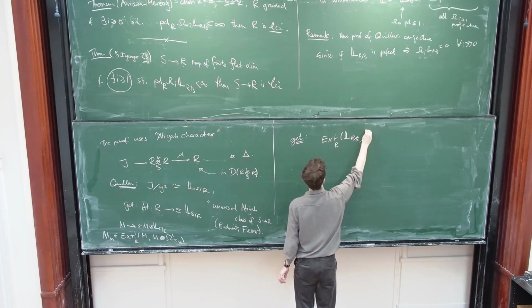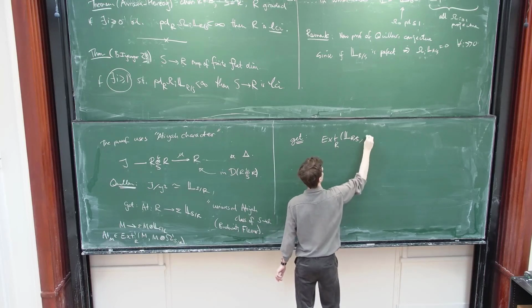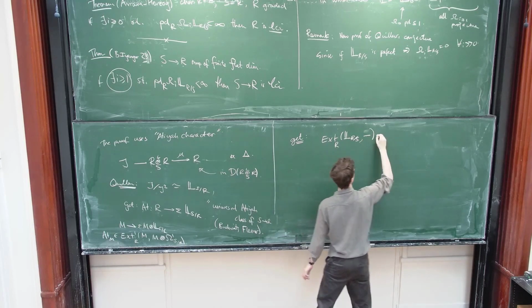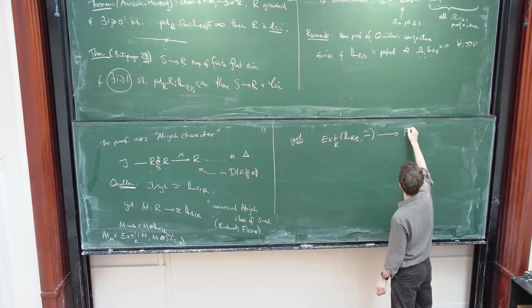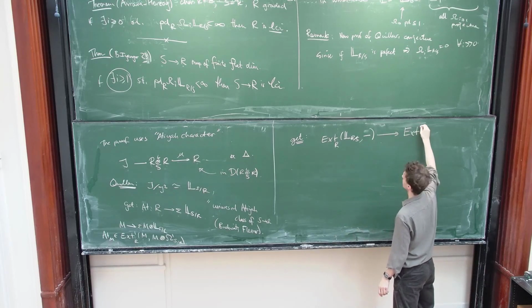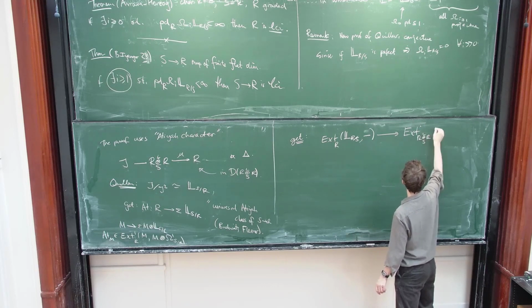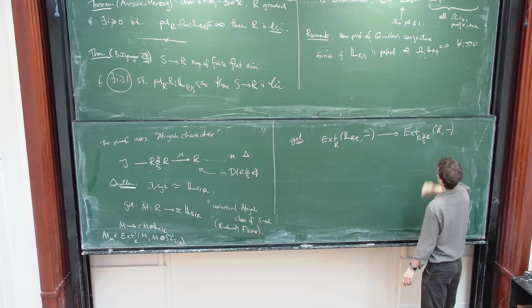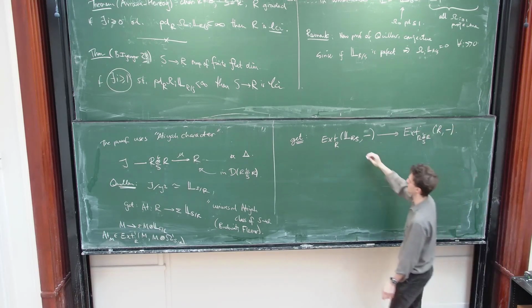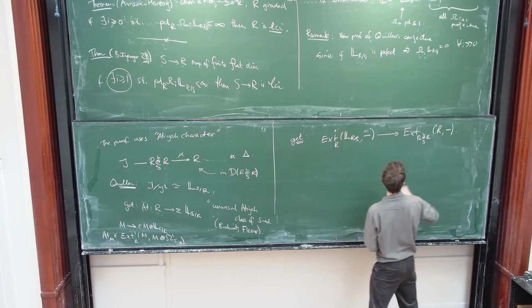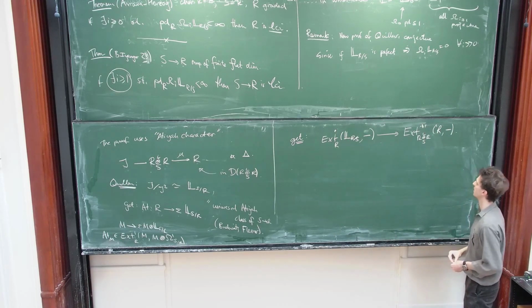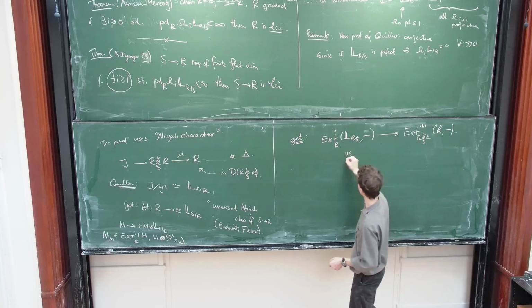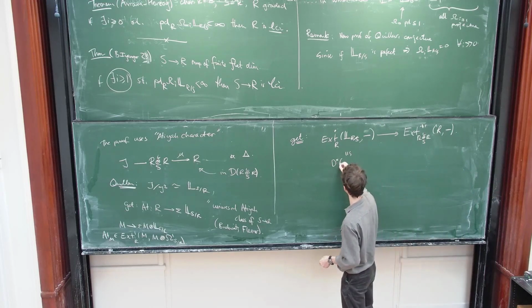Let's put this in there. And because of the shift, it has degree +1, and this thing here is known as Quillen homology.